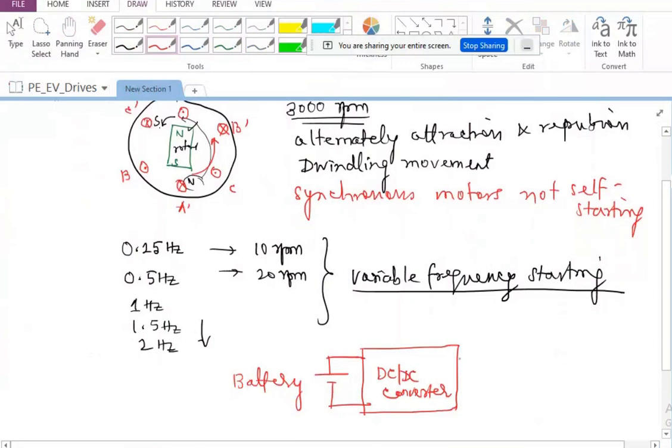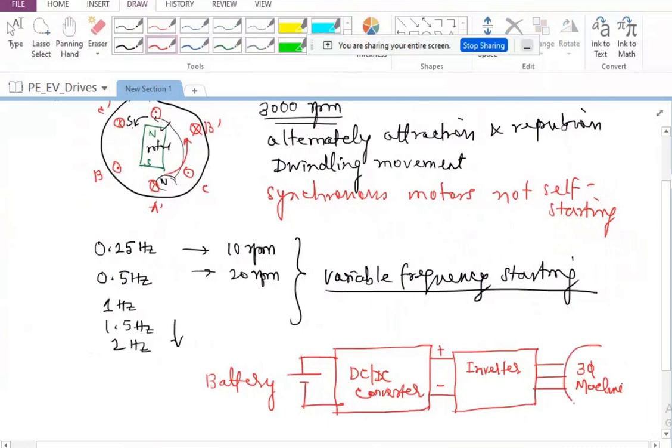Its output, which is now stepped up or stepped down to the level required by the inverter, is at the appropriate level. Now that is going to be connected to the three-phase machine, whether it is an induction motor or synchronous motor, and that will be coupled to the wheel, that is, to the load.